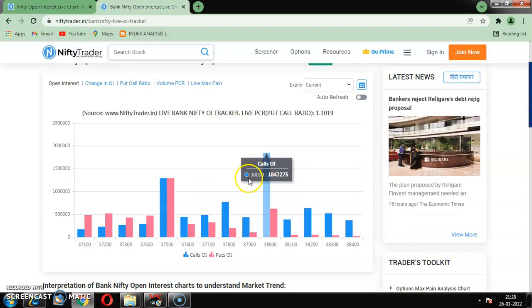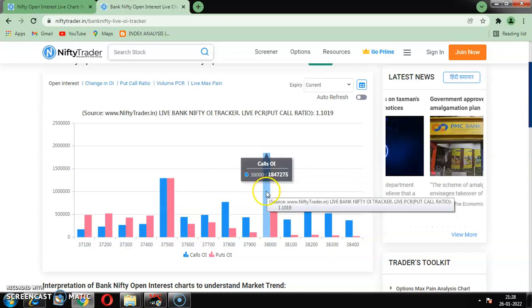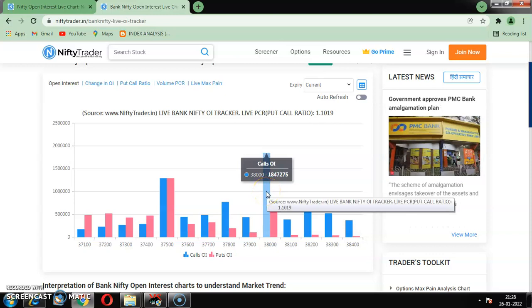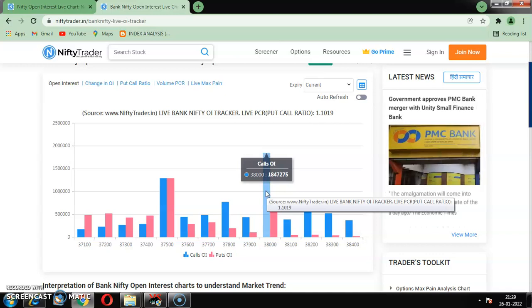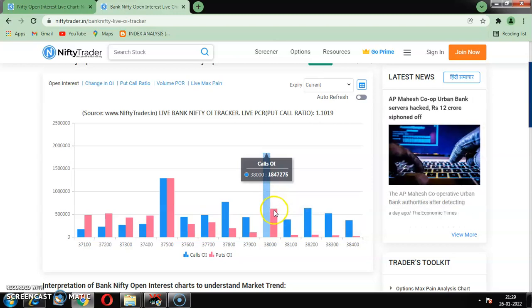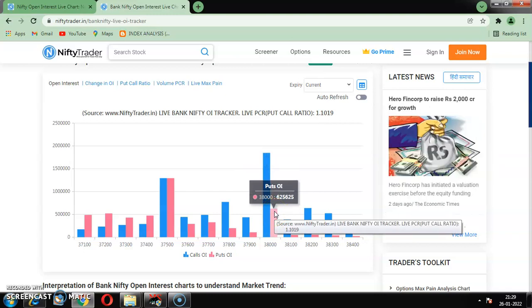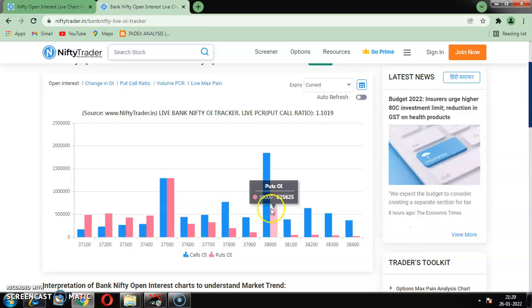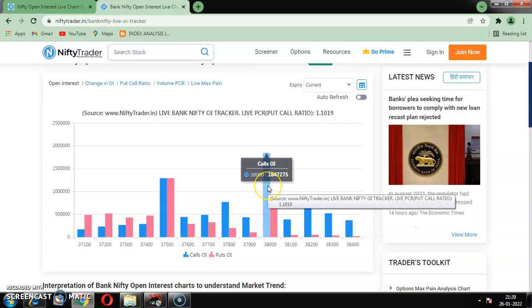First of all, at this strike rate, 38,000, the open interest of call is 18 lakh 47,275, whereas at the same strike rate, the open interest of put is 6 lakh 25,625. It means more call writing is happening over here. So we can say that 38,000 is the strong resistance zone.